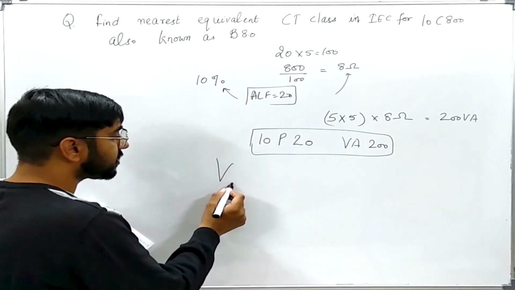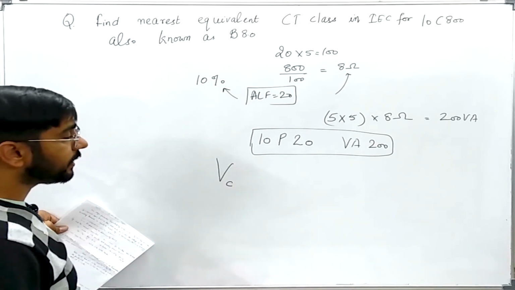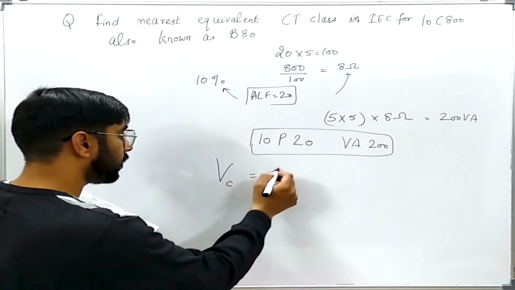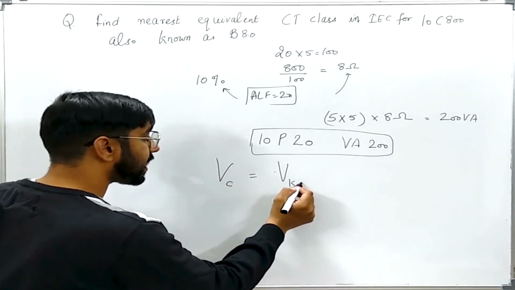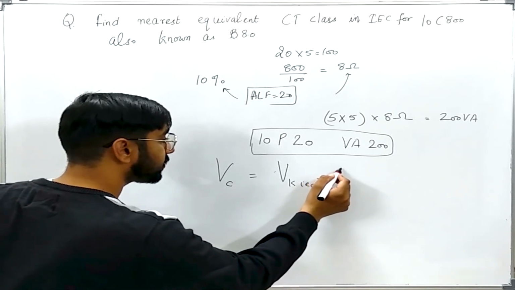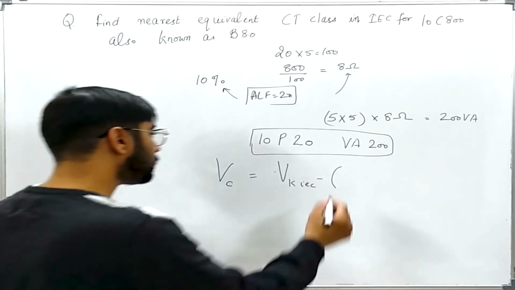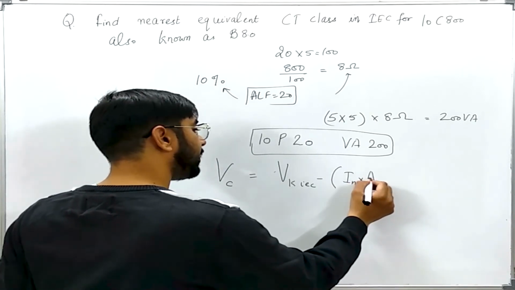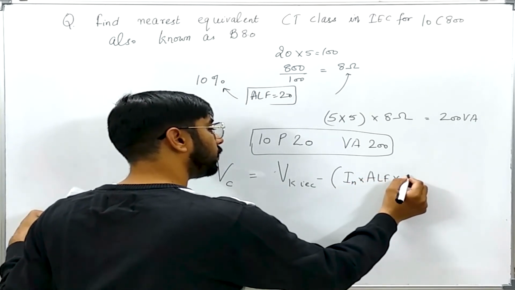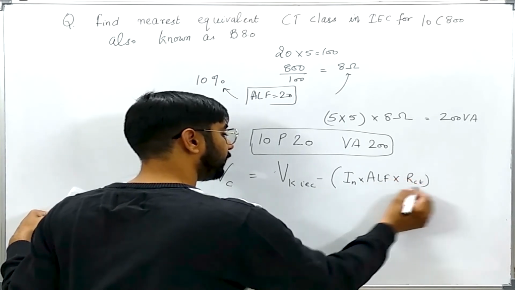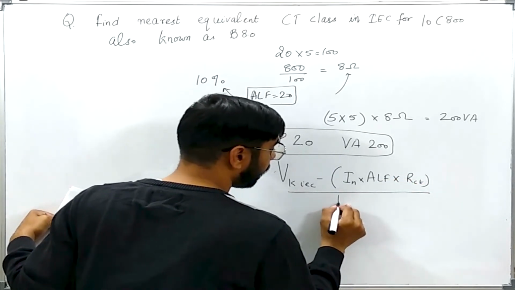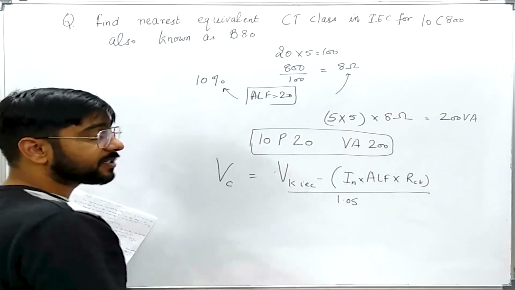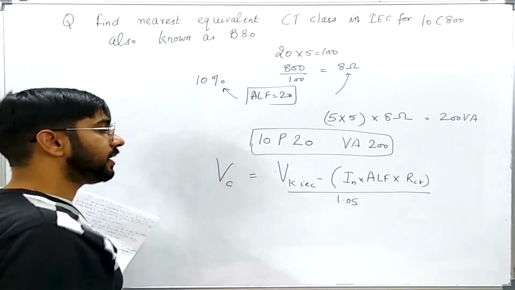The knee voltage according to IEEE is equal to the knee voltage in IEC minus the normal current into the accuracy limiting factor into RCT, divided by 1.05. This 1.05 factor is that 5% difference in the definition of the knee voltages.